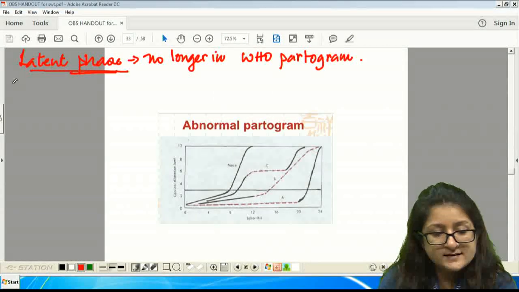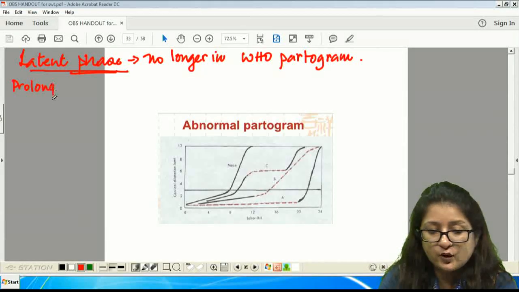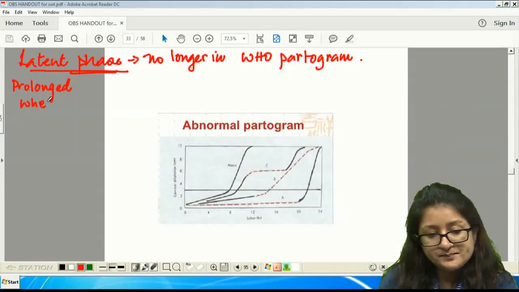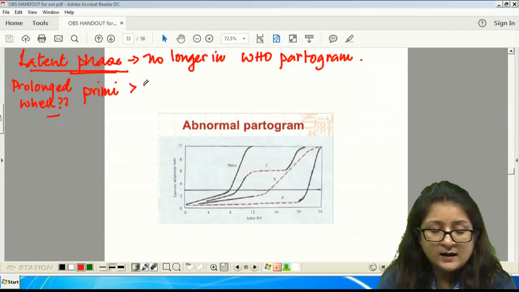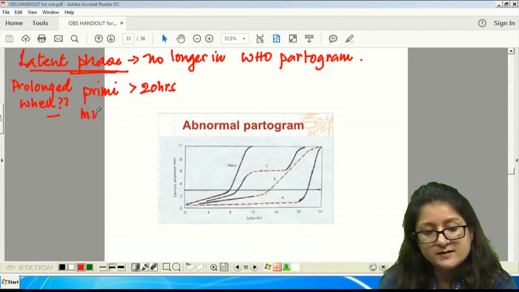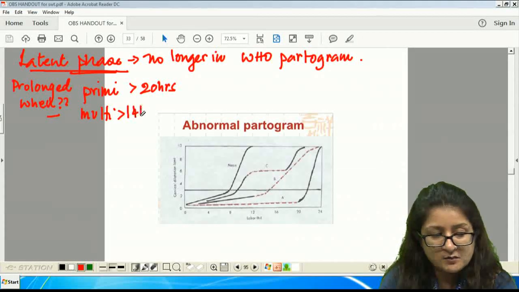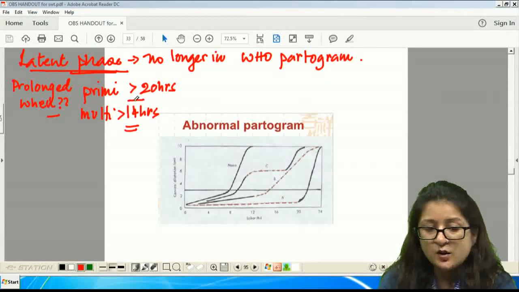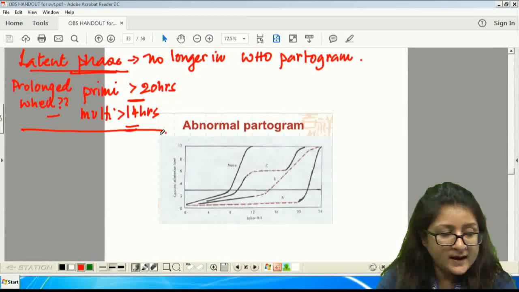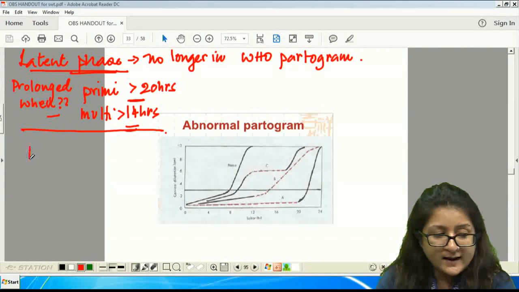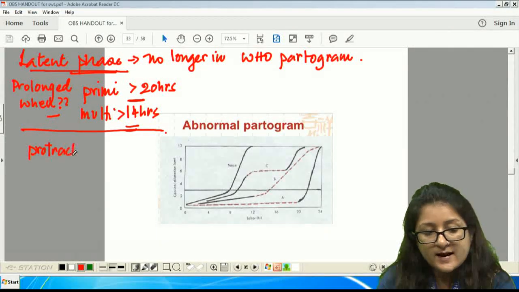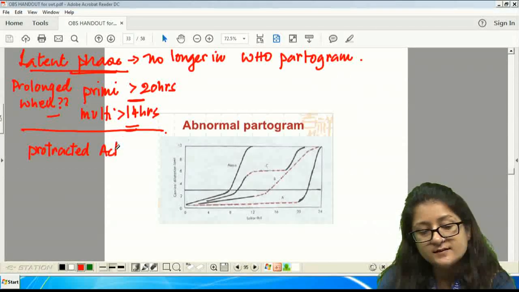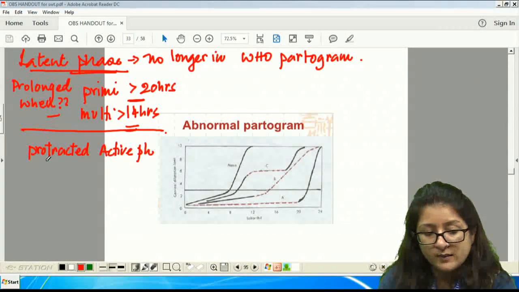However, we say that the latent phase is prolonged when it is more than 20 hours in primigravidas, and in multigravidas if it is more than 14 hours, it means the latent phase has prolonged, right? Similarly, we have the protracted active phase. Protracted active phase means that the active phase is slower than normal, right?